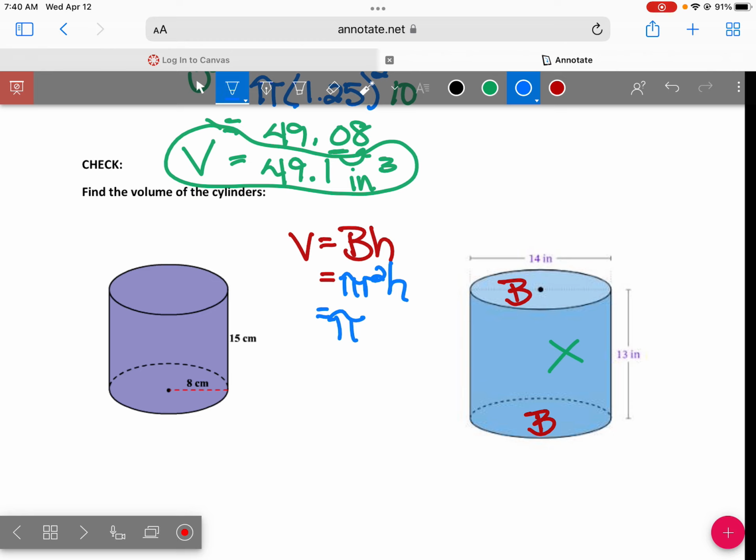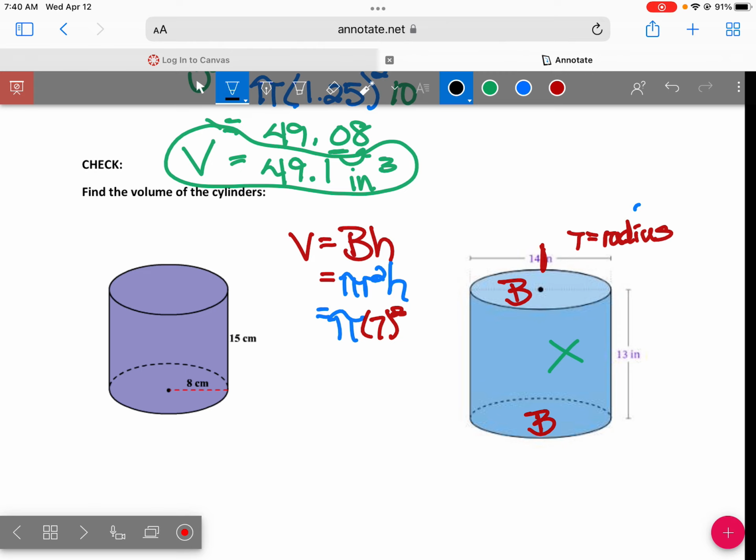Desiree, what is the radius of my circle? Excellent. It is not 14. 14 is the diameter. Radius is going to be half of that, which is 7. So I'm going to say 7 squared times what is the height? What is the distance in between those two bases?